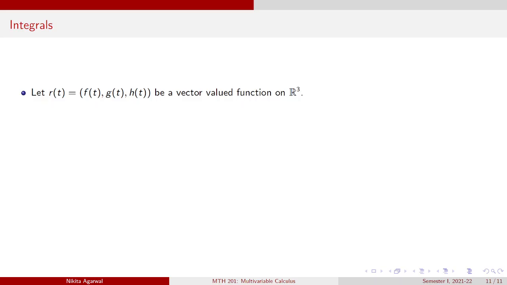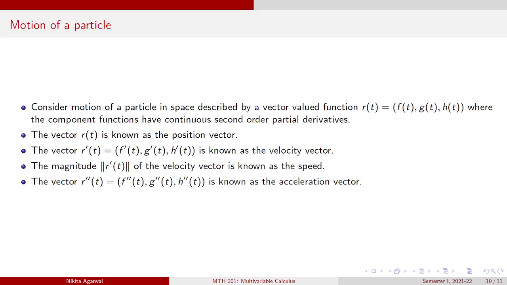Okay, so let me just go back to the slide. So that's how I'm now relating vector valued functions on R3 with motion, understanding the motion of a particle, right? And we now have a relationship between the old terminology of position vector, velocity vector, speed that we used with this. And this is something that you know from physics, right?